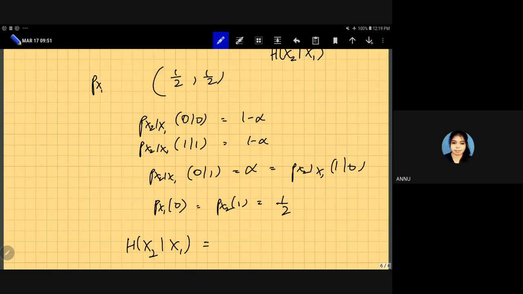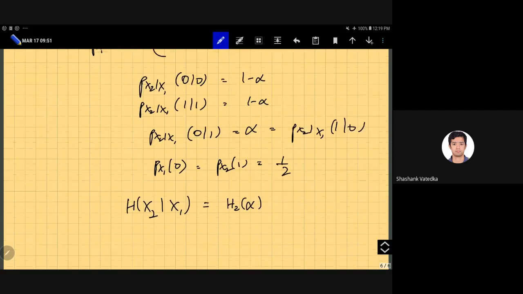So the expression will be in terms of alpha. Exactly, it will be in terms of alpha. But can you say what exactly it is equal to? Summation of 1 minus alpha log 1 by 1 minus alpha plus alpha log 1 by alpha. Yeah, so it's just the binary entropy of alpha, right? Yes, sir. Right, so this is the binary entropy of alpha.